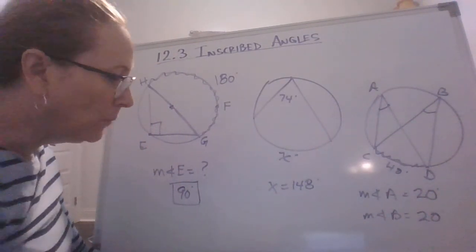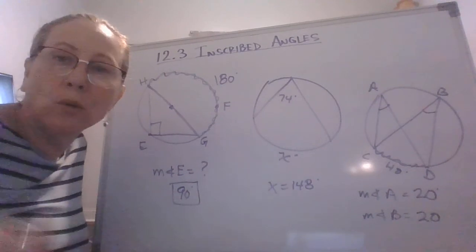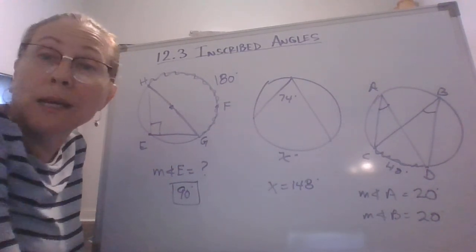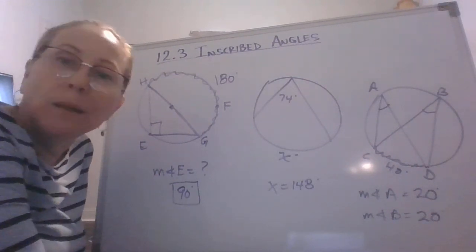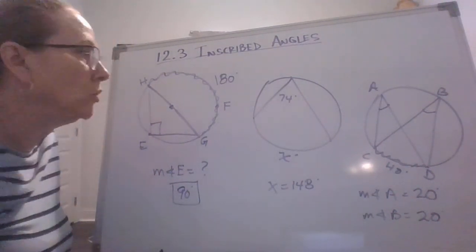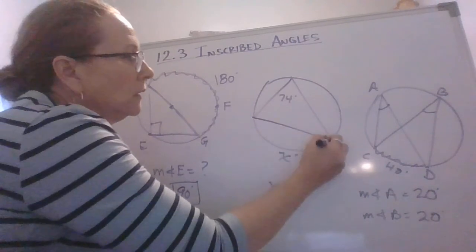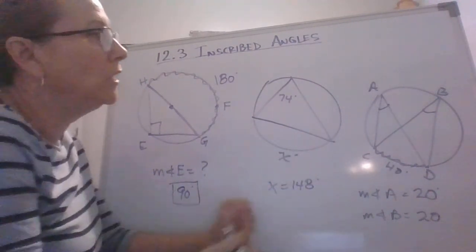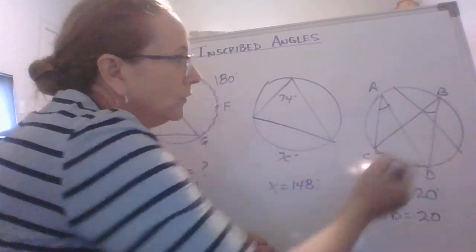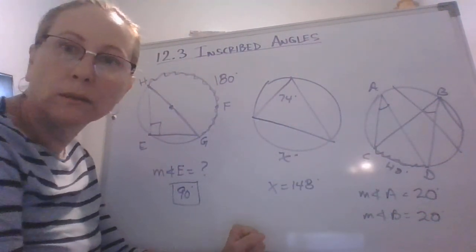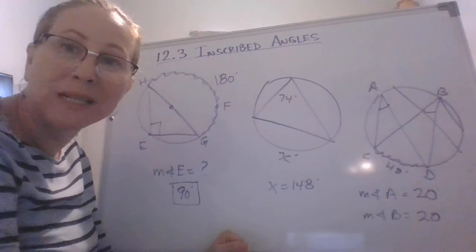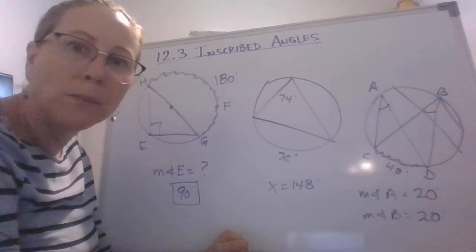So let's jump up to a situation where there are more lines, because I wish I could say that this was it, but more lines will appear in the picture. For example, they could throw in a line here. They could throw in another line over here, or another line over here. And then your angles, the inscribed angles, would be disguised just a little bit, but they're still there.